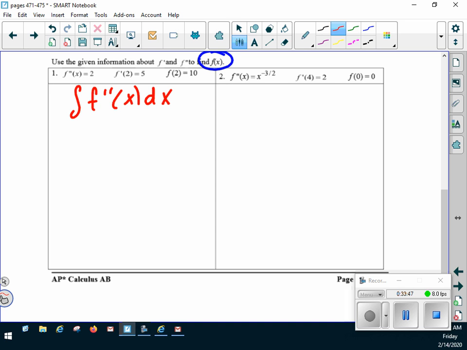Now you don't have to write this piece down, because that's going to give us what? F prime of x. So here's what I want you to write down. F prime of x equals the integral of, what is f double prime of x? It's 2 dx. Don't forget that dx. I will take off points if you forget that dx. Oh, do you have a question?